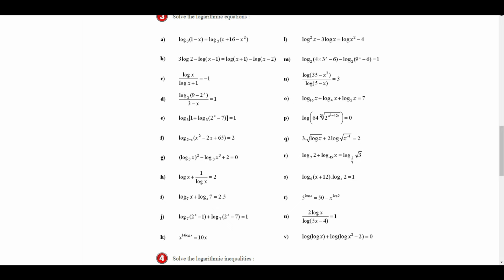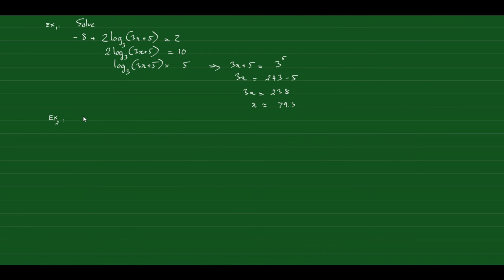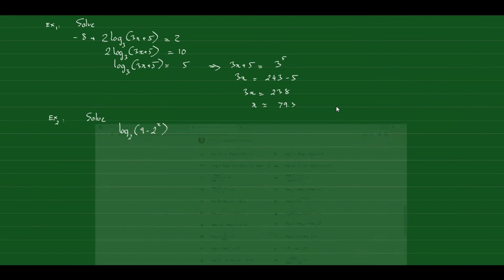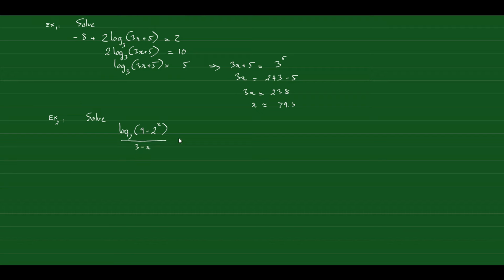So I have log base 2 of (9 minus 2 to the x) over 3 minus x equal 1. Alright, let's see how we do this.